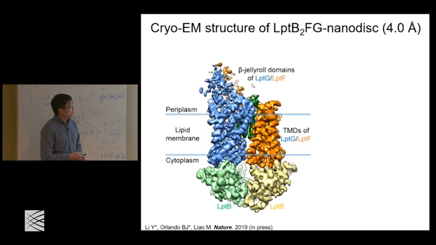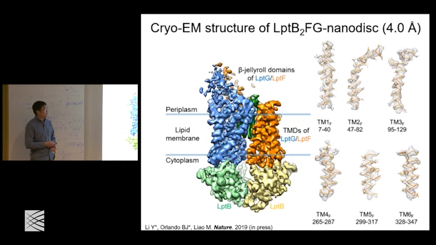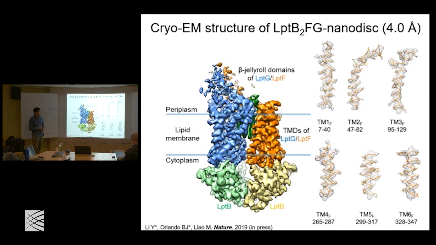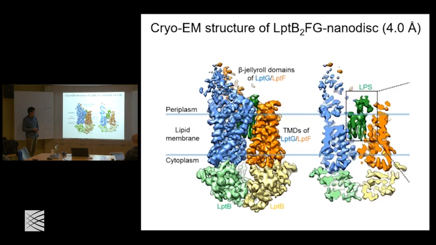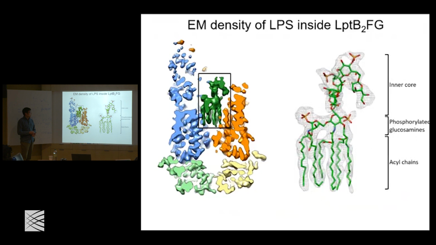We solved the structure of LptB2FG first, and we got a structure at about 4.0 angstrom, which has sufficient resolution to resolve almost every single side chain in the transmembrane domain. And excitingly, we also resolve LPS inside. This density indicates the full inner core, phosphorylated glucosamine, and also 6 lipid acyl chains.